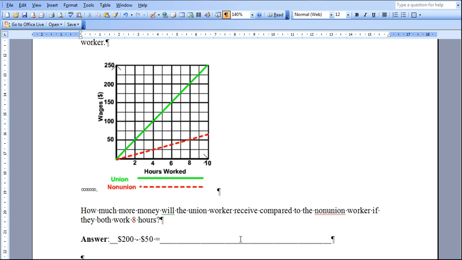And the answer is, of course, 150. So the union worker will earn $150 more than the non-union worker. That's the answer.